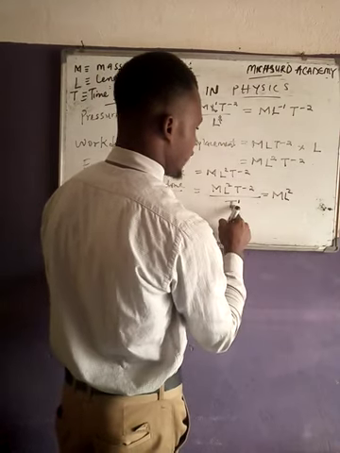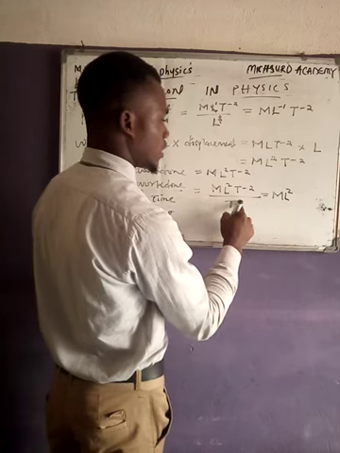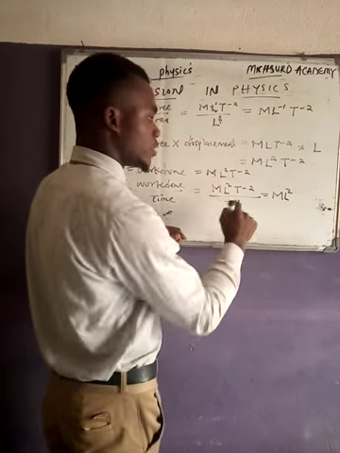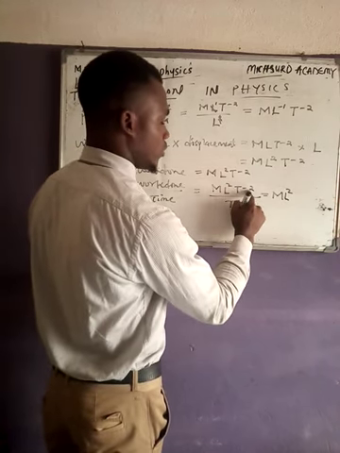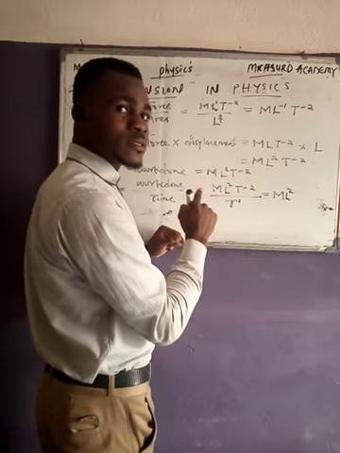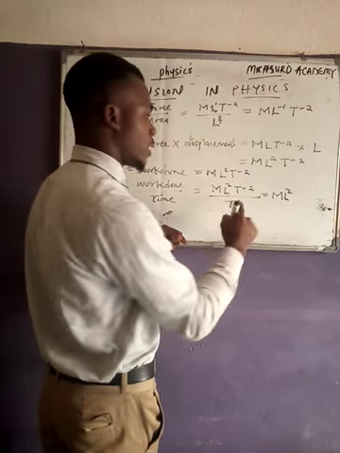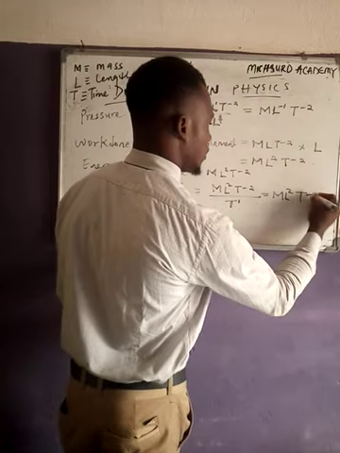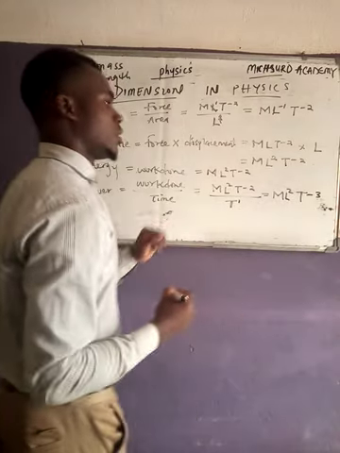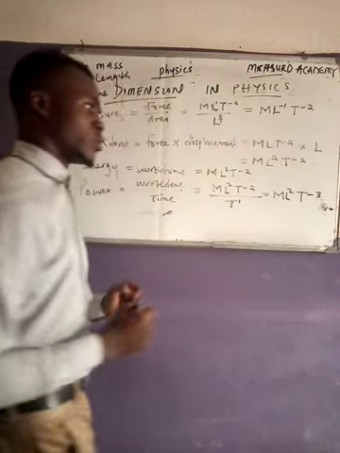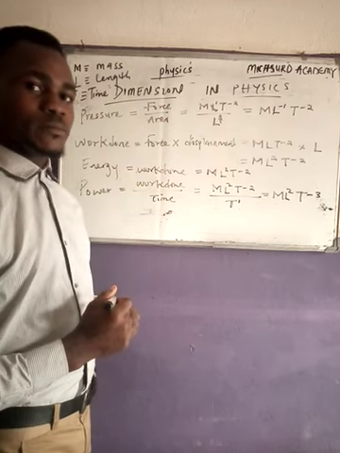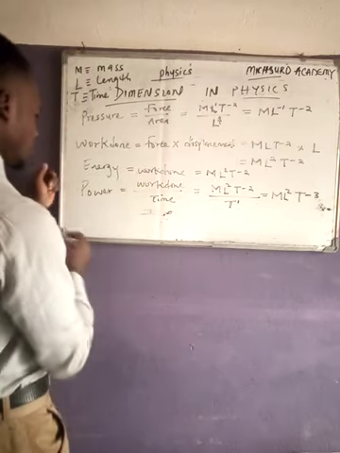Then if I move this T upward, it makes the power negative, so that we have T raised to power minus 2 minus 1, which is T raised to power minus 3. So this gives us the dimension for power. All right, let's try another one.